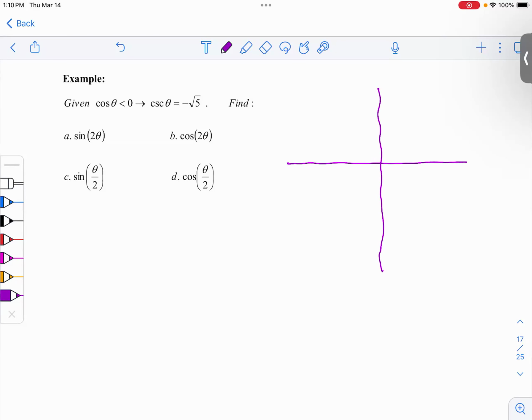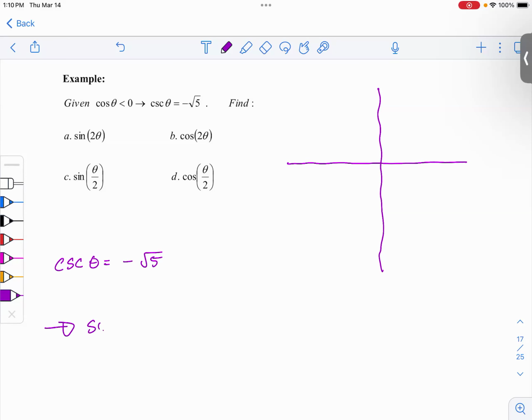All right, so cosecant. I don't recognize cosecant at all, but what do I recognize that is related to cosecant? Sine, right? Okay, so I'm told cosecant of theta equals -√5.